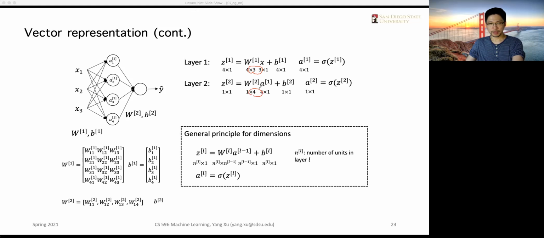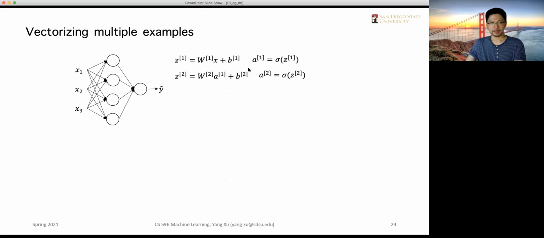The dimensions should always match. So the dimensions for the L-th layer should match these. The number of columns in WL should be N(L-1), which matches the number of rows in the activation from the previous layer.